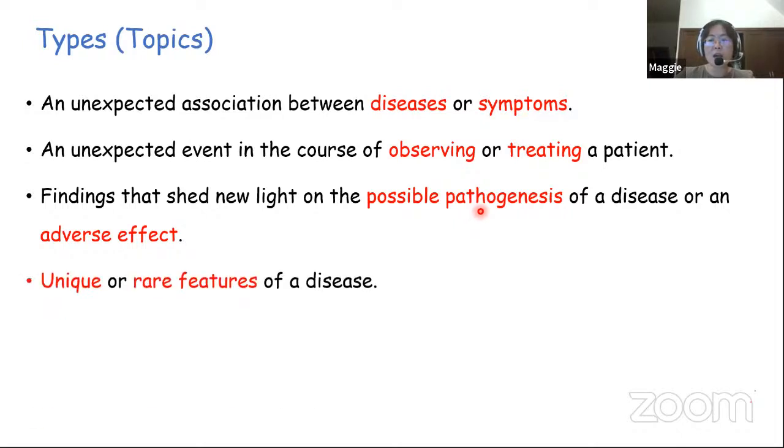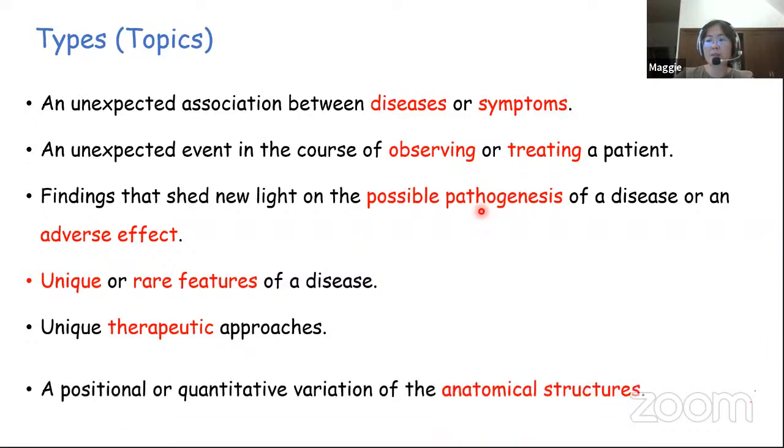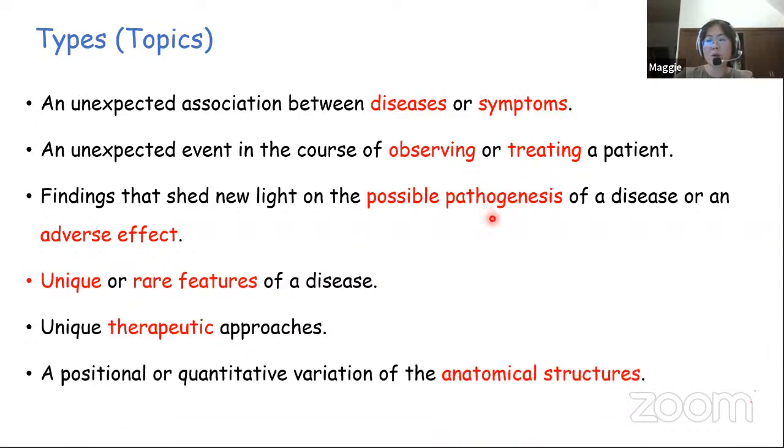And it can be unique or rare features of a disease. And it can be unique therapeutic approaches. It can be a positional or quantitative variation of the anatomical structures. So all these topics can be written into case reports or case series.